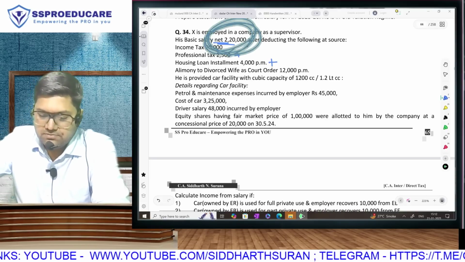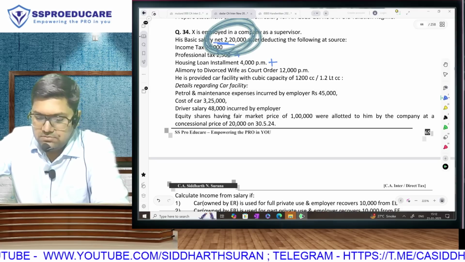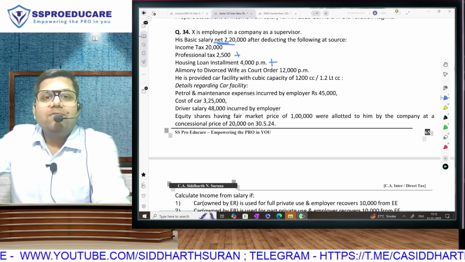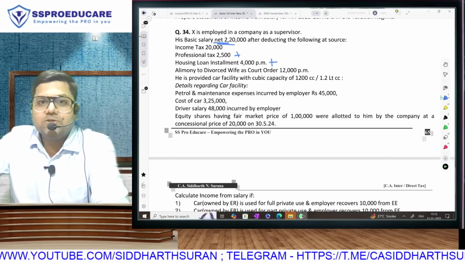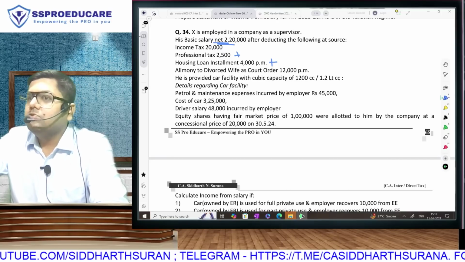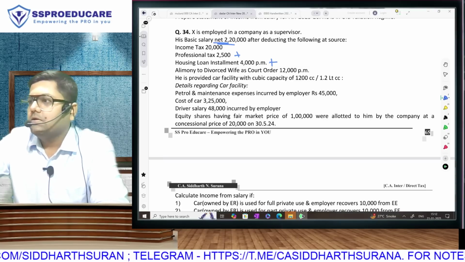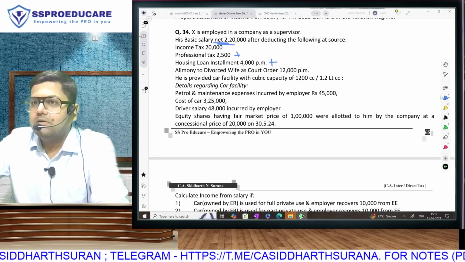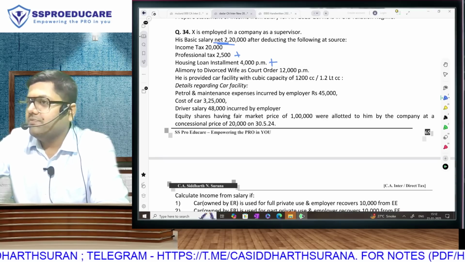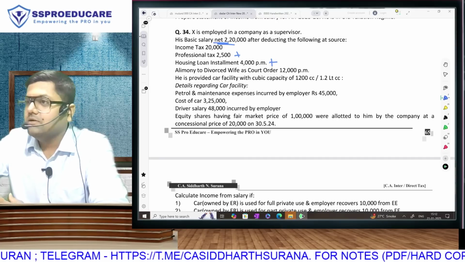Next. Alimony to divorced wife as per court order, 12,000 per month. See, whenever you want a divorce for peace of mind, you want to separate from your spouse, so you will have to pay some maintenance money every month. That is known as alimony. In case you are not aware of it, just to let you know, it will be very useful in the near future.